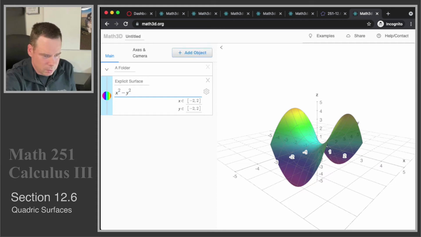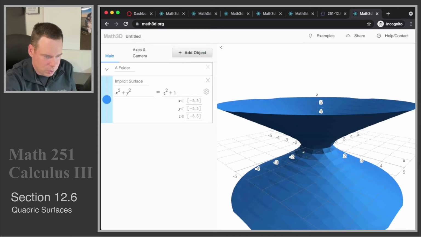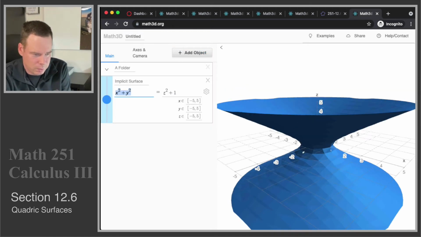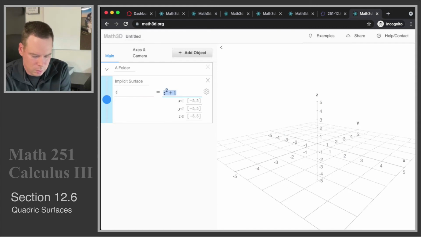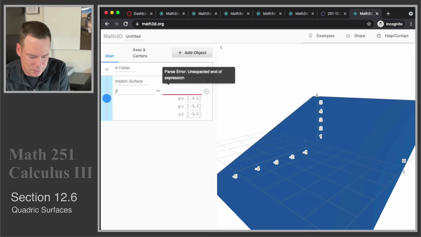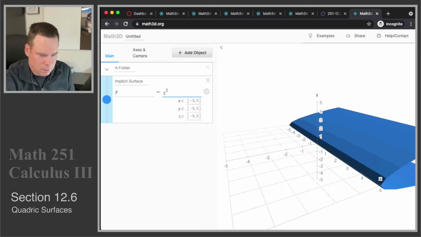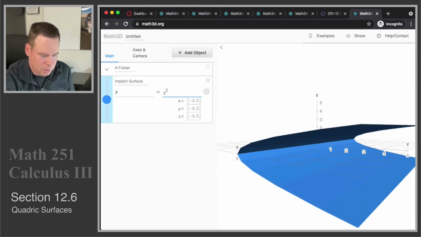So I'll get rid of that and use an implicit surface, which gives me an equation. I want y on this side and z squared on that side. And there is the object that we just drew.